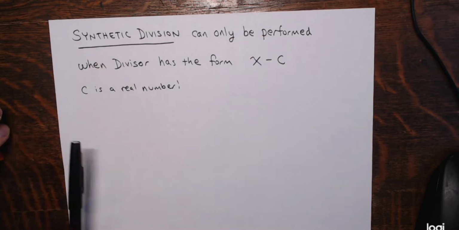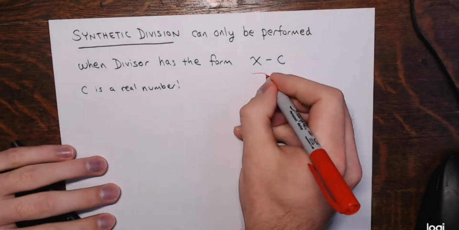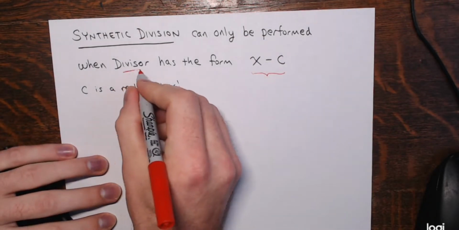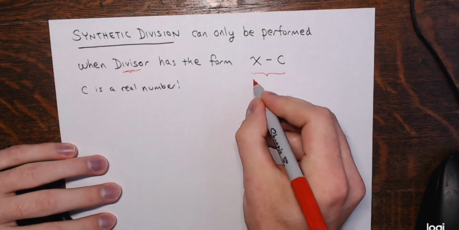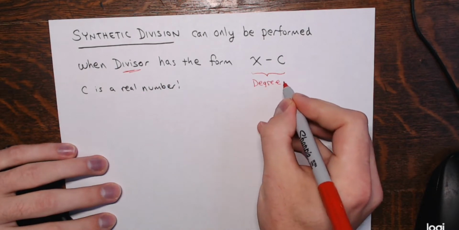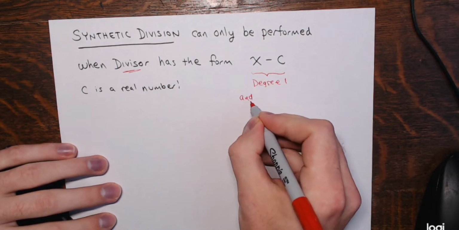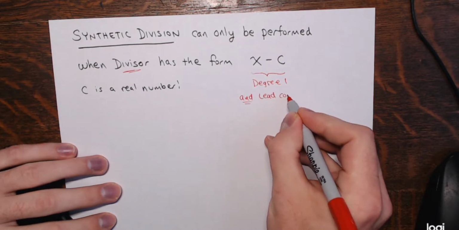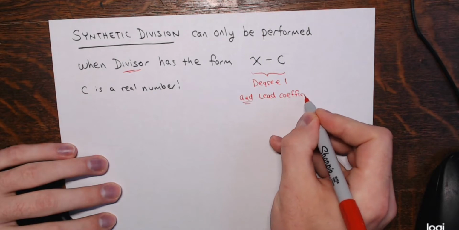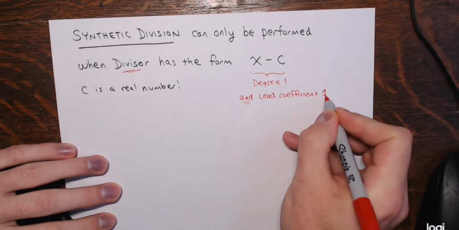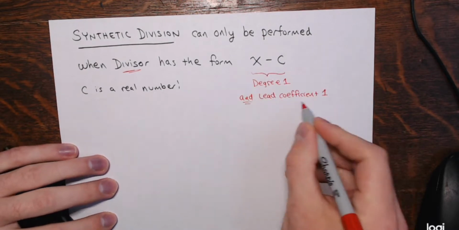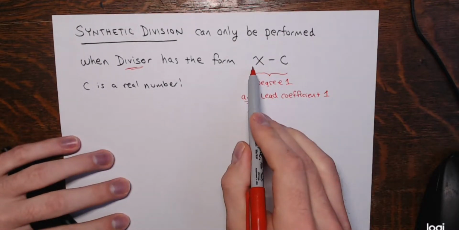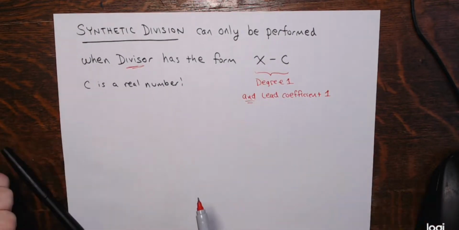So basically, when you're dividing, when the divisor has degree 1 and lead coefficient of 1, so degree 1 and lead coefficient of 1, it's just 1x plus or minus some number.